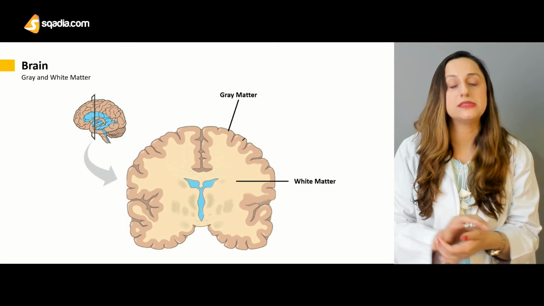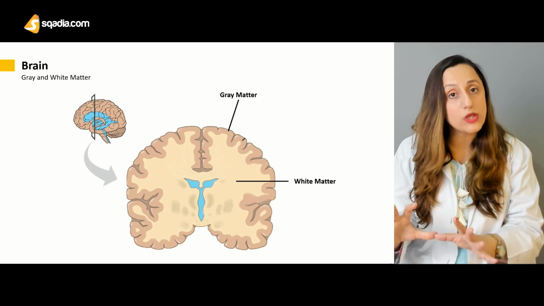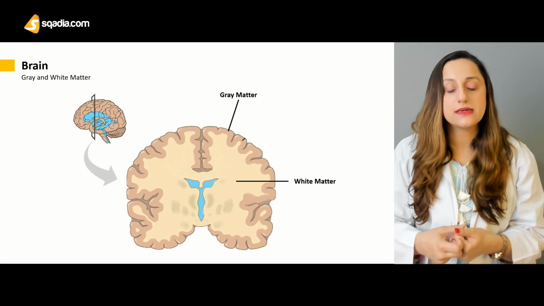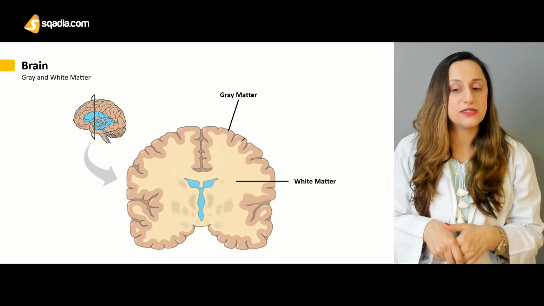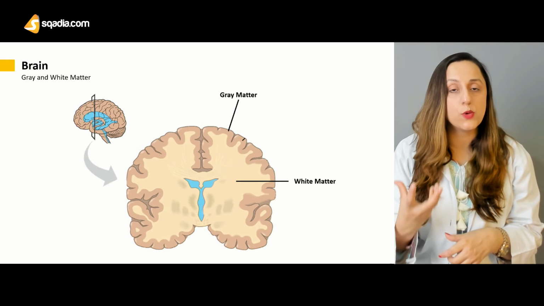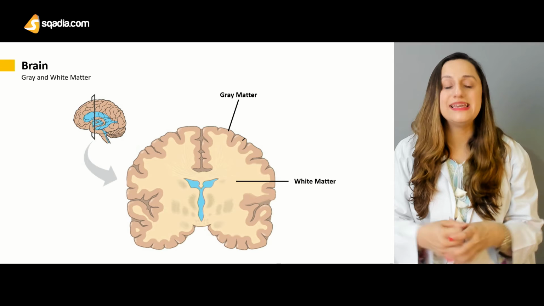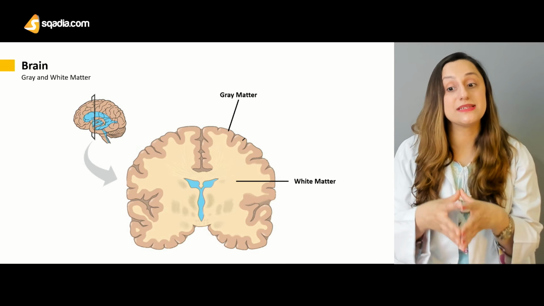The dendrites can be present, but the cell bodies remain in the gray matter. There are also important nuclei present inside the white matter. Nuclei is a terminology indicating the islands of gray matter that are present inside the white matter.